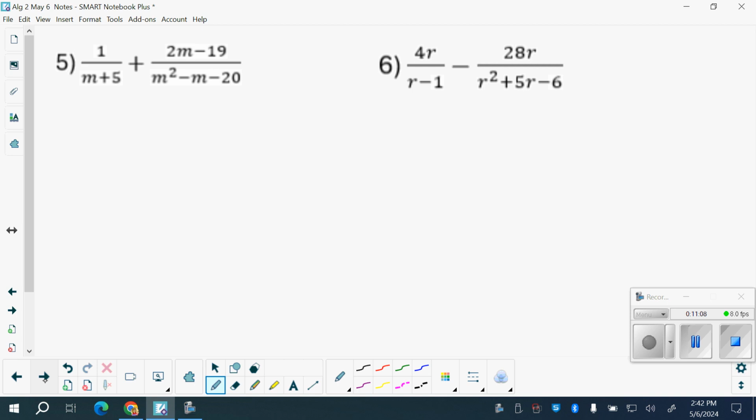This factors. How does this factor? I know all this factoring is coming together again. We've done some factoring and it's been a bit, so we have to remember. What multiplies to negative 20 that adds to negative 1?